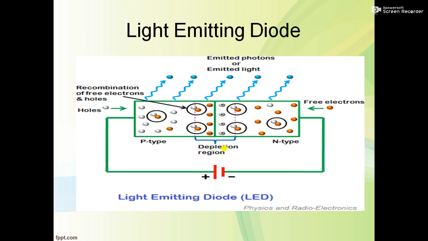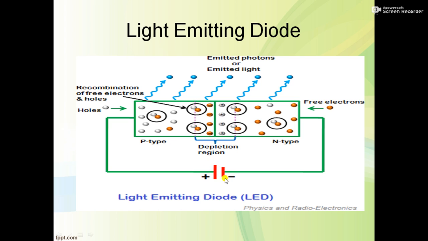To operate the photodiode, we apply a negative voltage. That means the photodiode operates in the reverse characteristics. But in the light emitting diode, we apply the positive voltage, positive to positive, negative to negative. It means that the light emitting diode operates in the forward biased condition, or in the forward characteristics. This is the first thing. And the second thing is what?